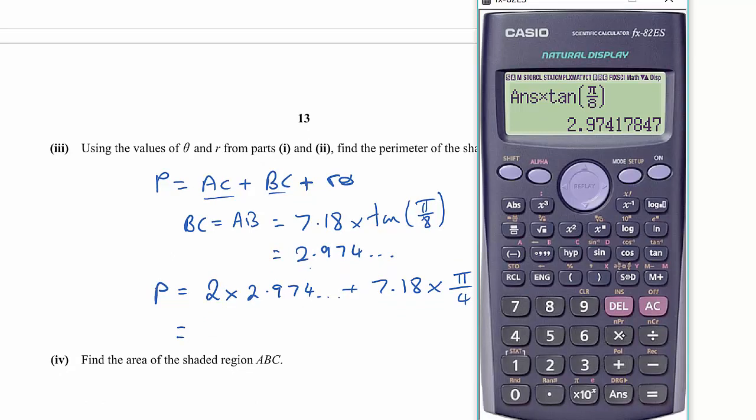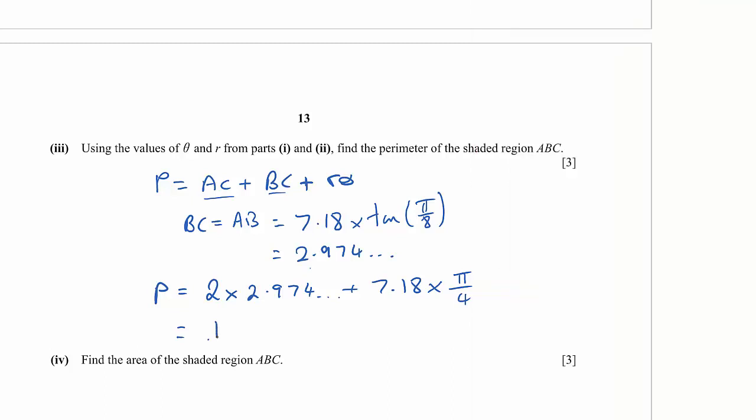So we want that multiplied by 2, and then we want 7.18 multiplied by pi by 4, and that's, let's call it 11.6 centimeters, correct to 1 decimal place.